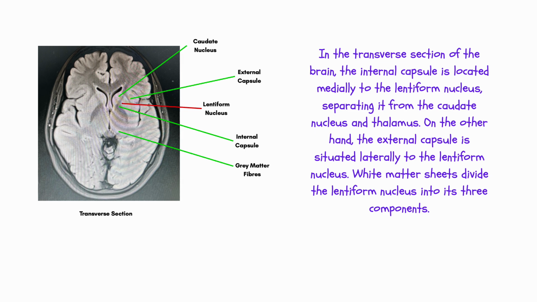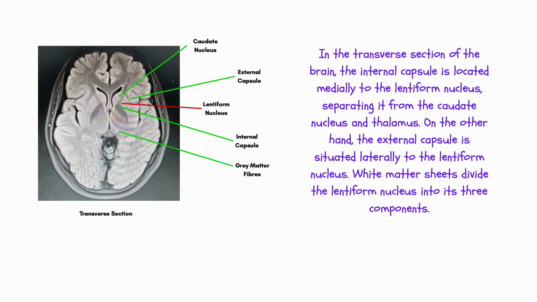On the outside of the lentiform nucleus lies the external capsule. Here, this is the lentiform nucleus, this is the internal capsule which surrounds the caudate nucleus, and this is the external capsule.